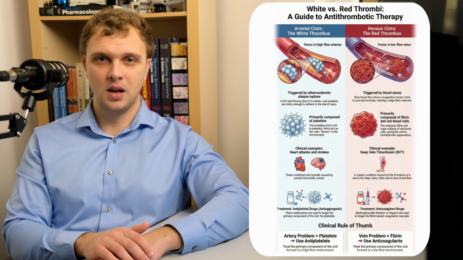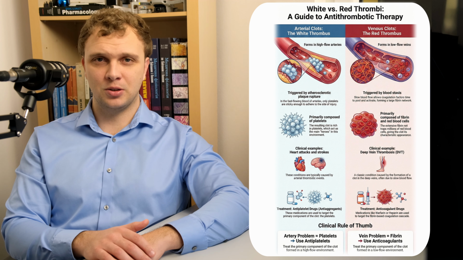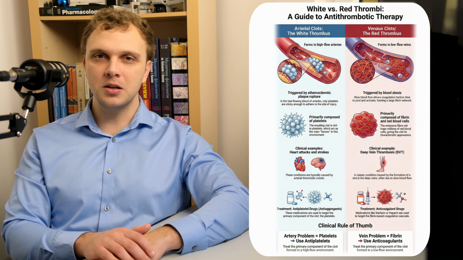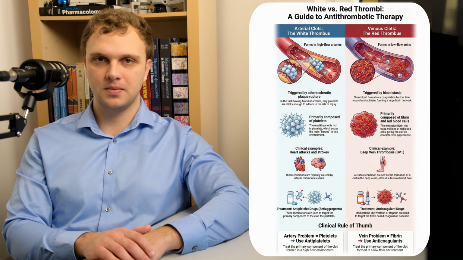Finally, we must answer the golden clinical question. When do we use antiplatelet drugs and when do we use anticoagulants? It depends entirely on the type of clot. First, we have a white thrombus, which forms in arteries. In arteries, blood flows fast.